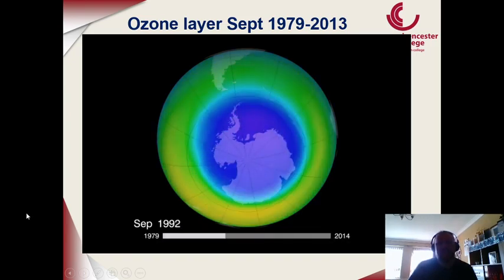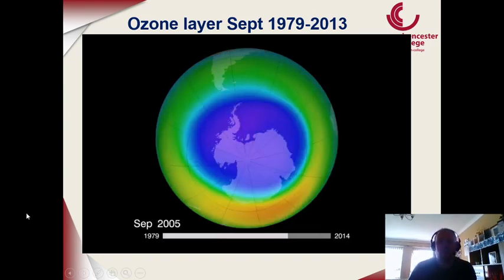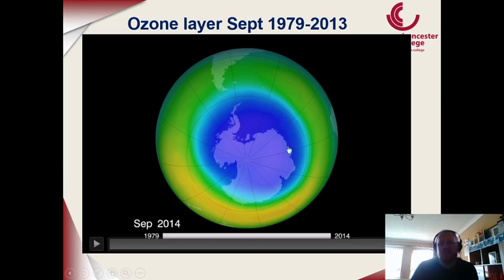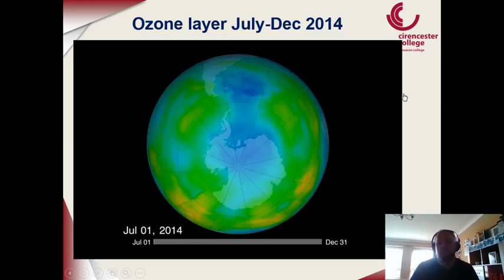We can see that the hole in the ozone layer, which is what this represents, is quite stable, but it's starting to shrink as we're getting closer to 2014. And the reason for that is because we stopped using CFCs.